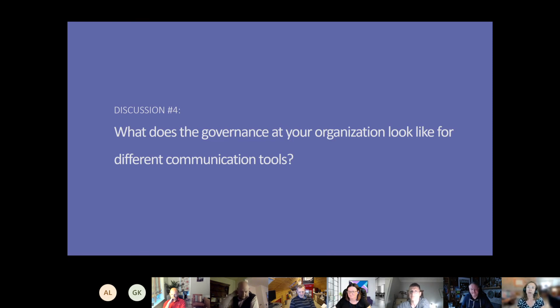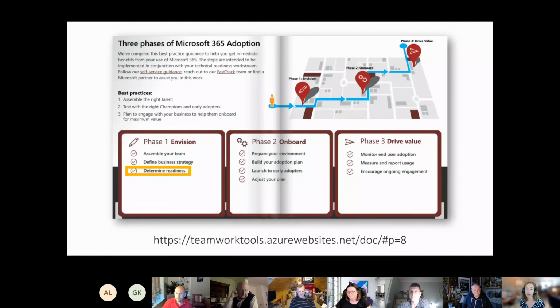So I can give you probably a Slack and Teams example. Typically, that becomes part of our determine readiness part of the conversation, where I try to get more information from them around what they're achieving with Slack and why they're using it.